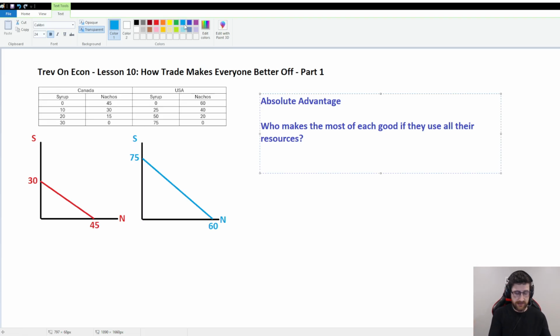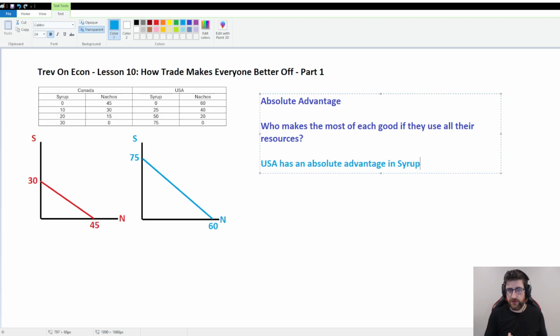So we can say USA has an absolute advantage in syrup. Easy. This is probably one of the easiest questions you can get asked in economics. So, if you run into it, lucky you. I've noticed a lot of professors will skip questions about absolute advantage simply because it's a little too easy. But sometimes you need those gimme questions.